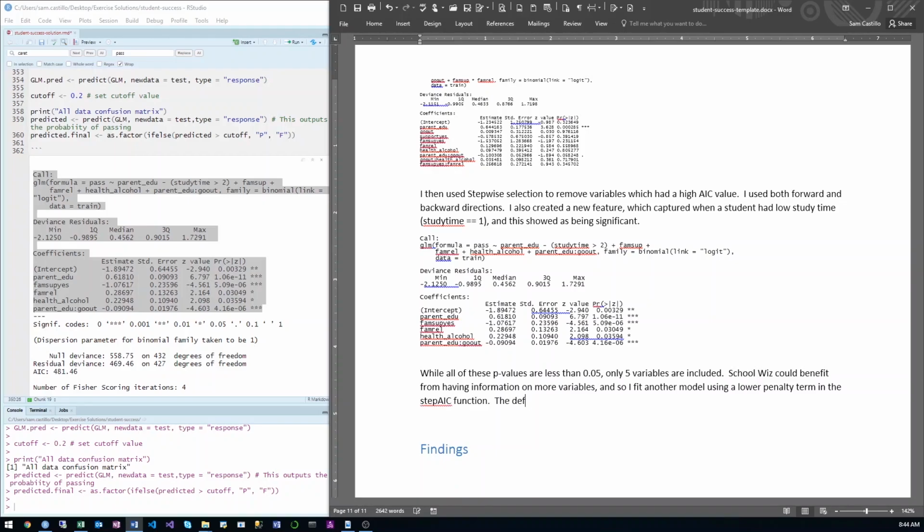The default used k is equal to 2, but I used k is equal to 1, where k is the term that's applied to the number of parameters in the penalized likelihood, so that a lower value allows for a more complex model.